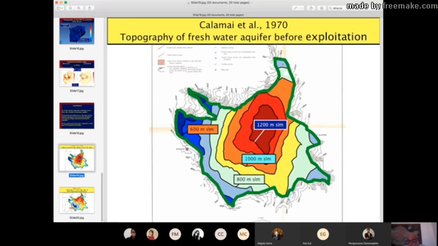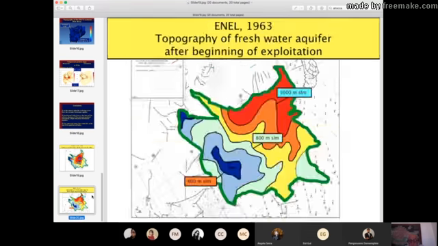That is, a lot of water, a little bit of vapor. Then, after this first exploitation in which they decreased the pressure, they remeasured the water table. And this is the water table that was measured.